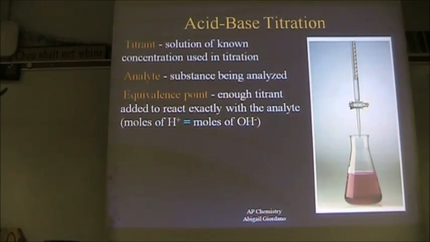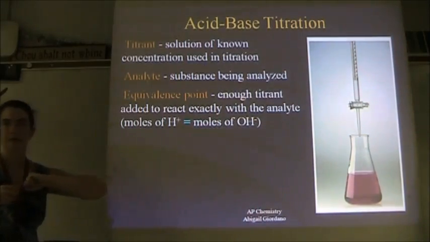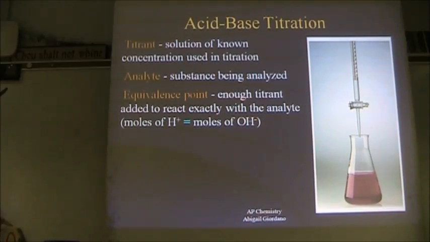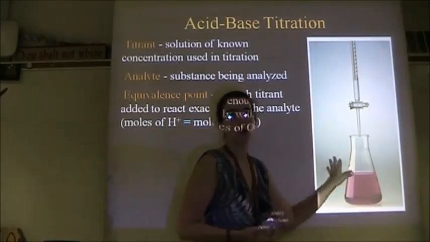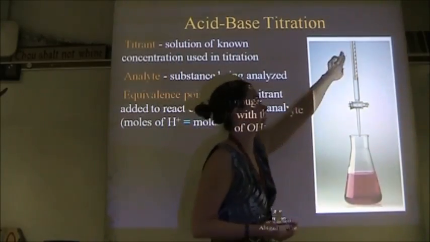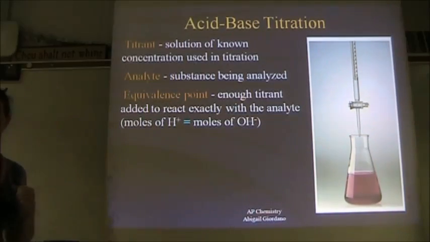The equivalence point is when you have equal moles of H plus and OH minus. Think back to that previous slide where we had the net ionic equation. When those two things are equal, you are at the equivalence point. So if I had 10 moles of H plus down here, as soon as I've added 10 moles of OH minus, I would be at the equivalence point.